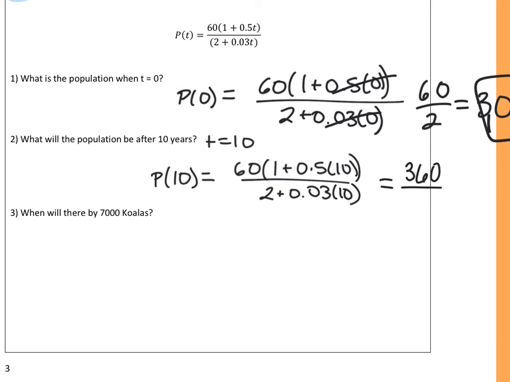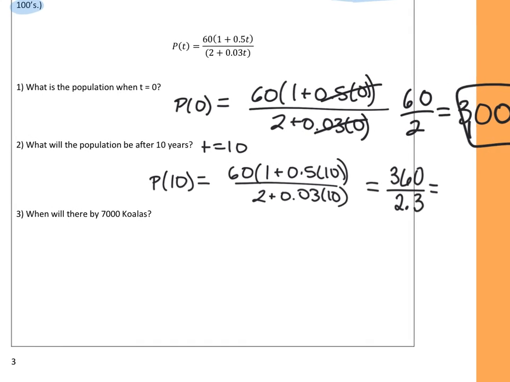Now type in that denominator and tell me what it is. 2.3? Okay. Cool. That's right. Now what is 360 divided by 2.3?